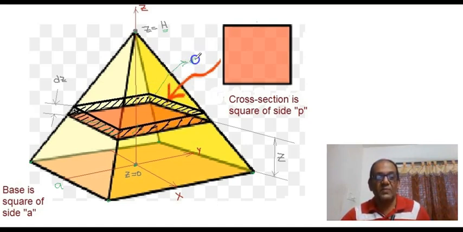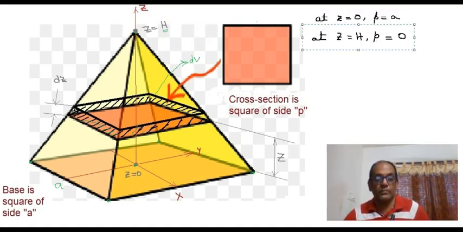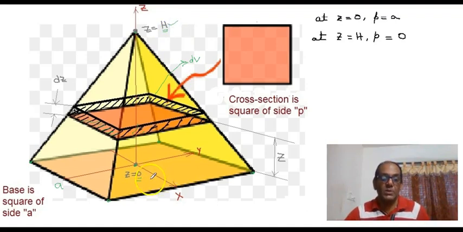So we'll write an expression for this dV and then substitute it into the integral. To do that, let us note that the z coordinate varies from z is equal to 0 all the way up to z is equal to h. And if we take a section, horizontal section, such section will always be a square because the base is a square.